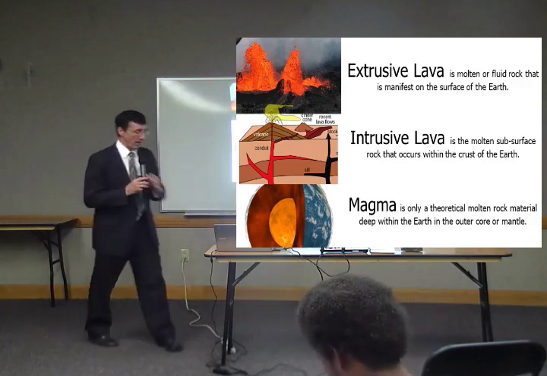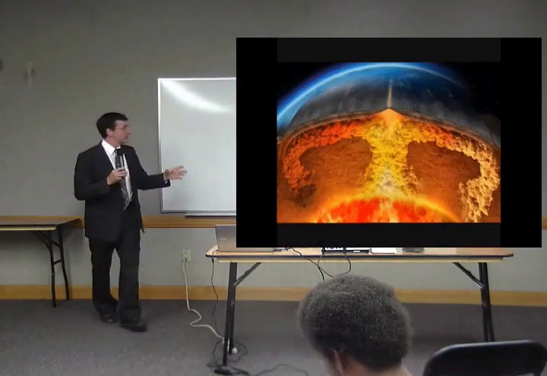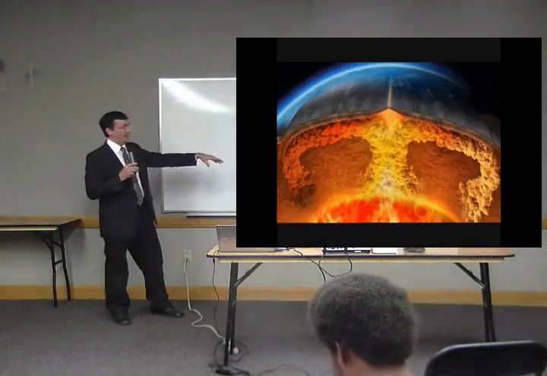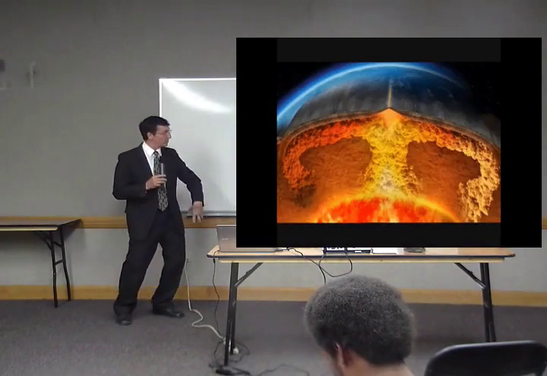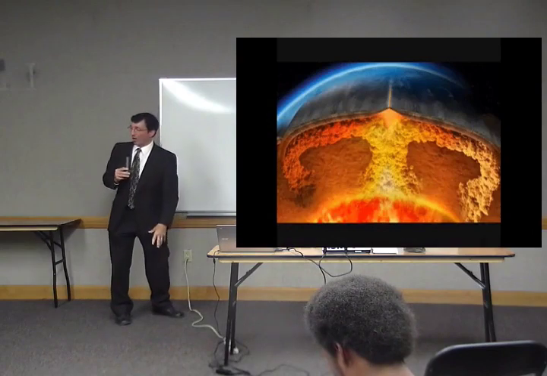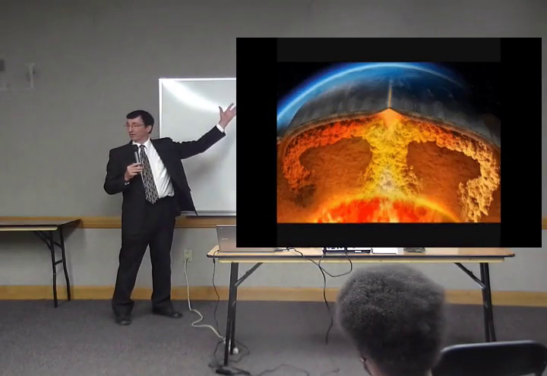And so we're going to try to talk about the science behind it, right? This is showing that idea that there's magma in the core of the Earth, and there are plumes of magma that come all the way from the center of the Earth up and out the crust.